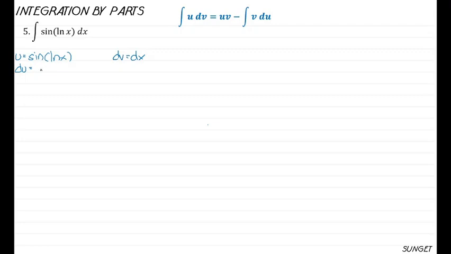The derivative of sine is cosine of ln x times the derivative of ln x, so dx over x.